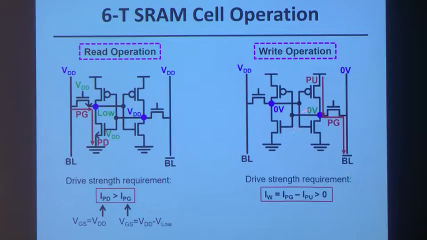So here, you need the pull-up transistor to be weaker than the pass gate transistor to successfully write into this cell. Now, as I mentioned before, because the P-channel FinFET is almost as strong as the N-channel FinFET, it turns out that if you have the same size pass gate and pull-up devices, the writability current is rather low.